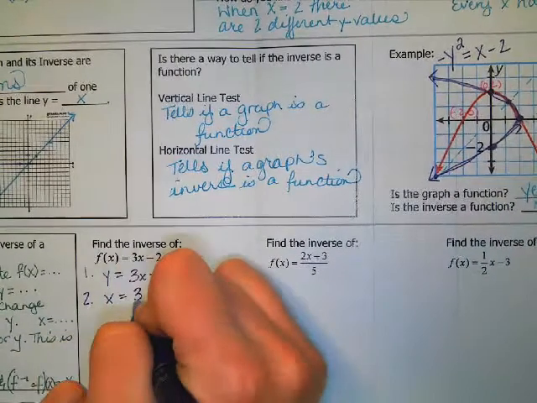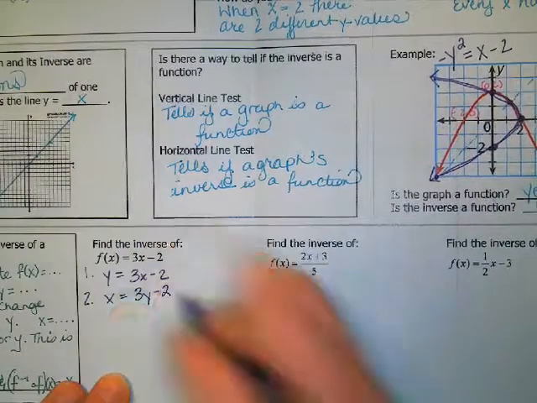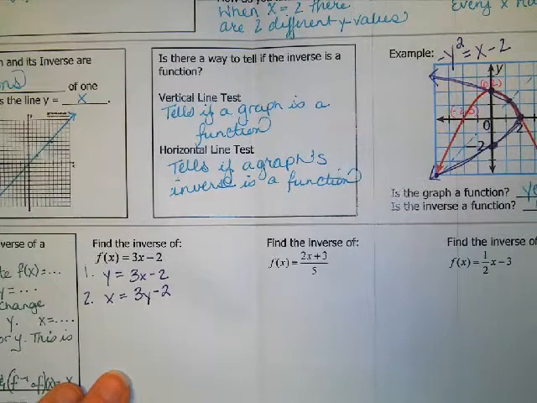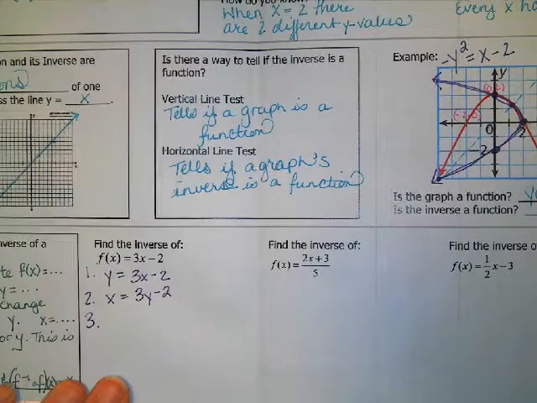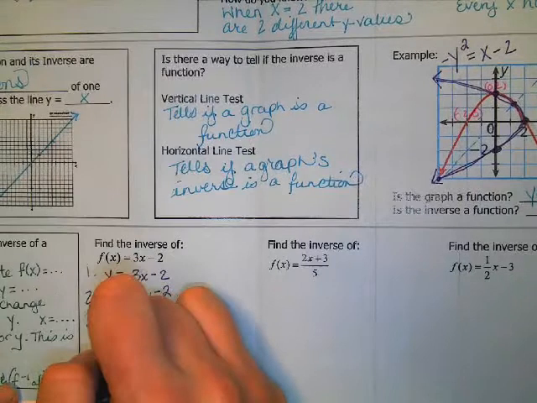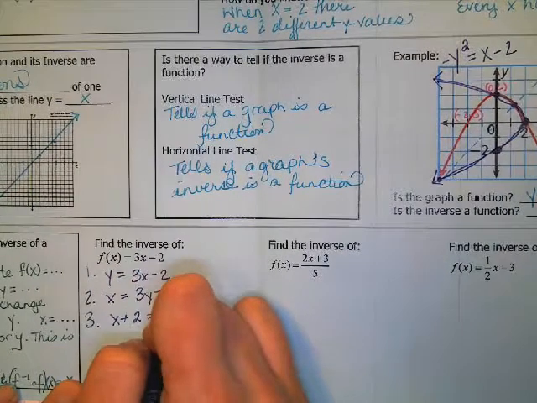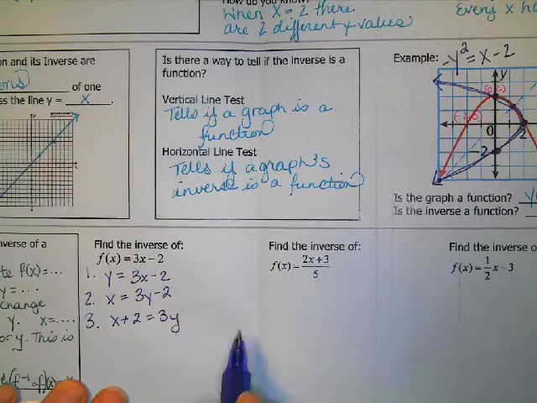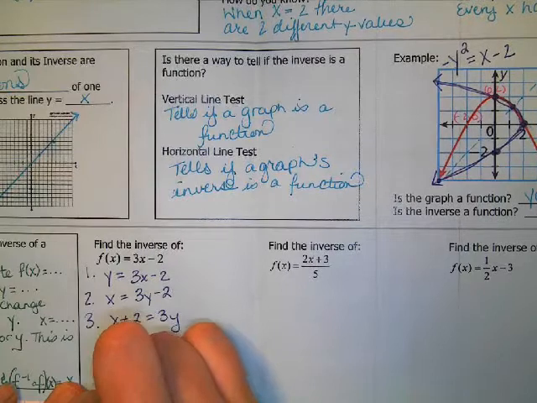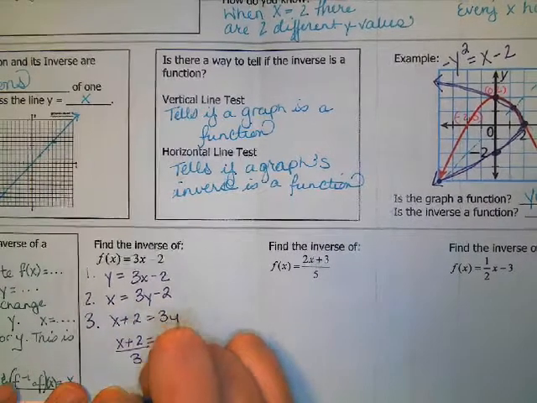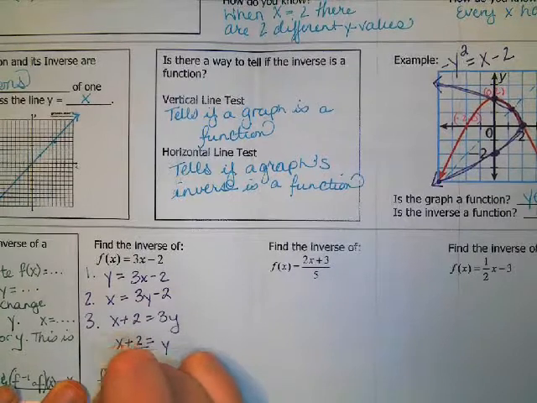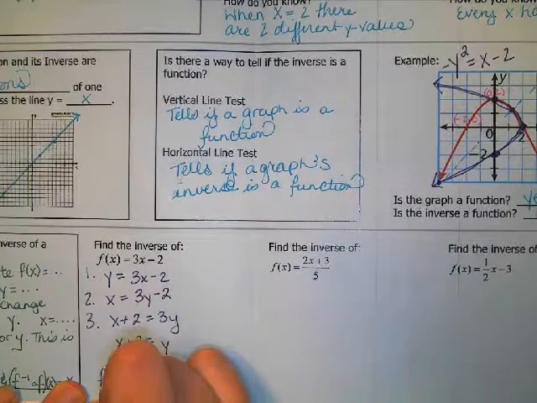So for the first one, my first step is to rewrite it so it's y equals 3x minus 2. My next step is to change all of the y's to x's and all of the x's to y's. So I have x equals 3y minus 2.